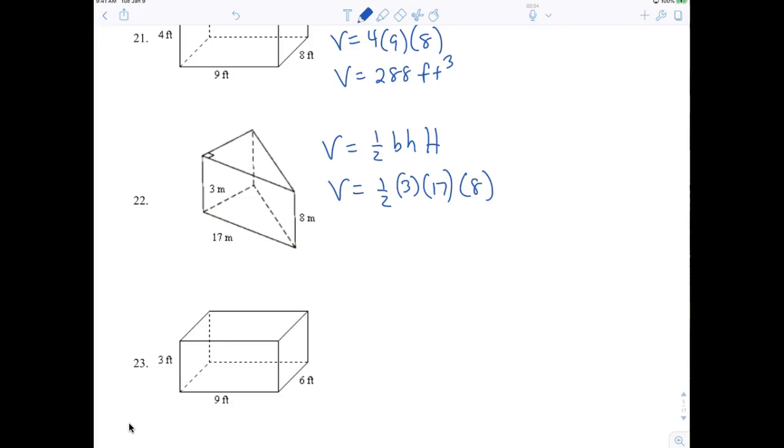Do you also know that length times width divided by 2 works? Because it's half of a rectangular prism, actually. I got 204. 204 what? Meters cubed, because we're doing volume.